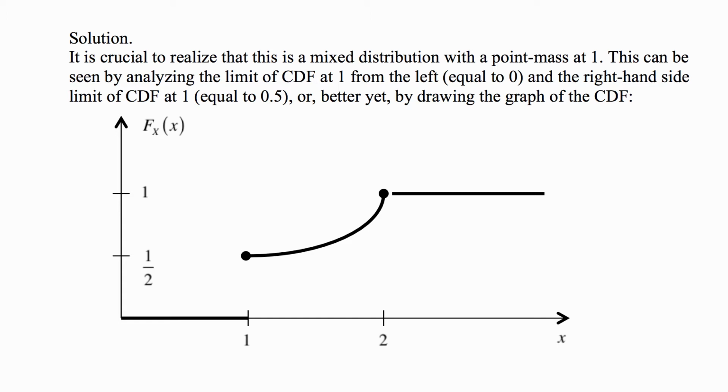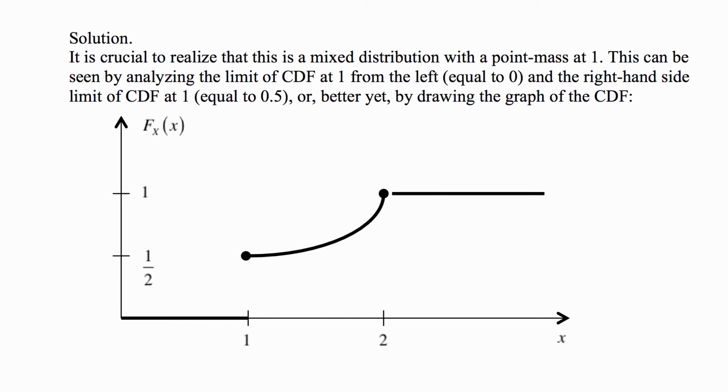It's just the left-hand side limit: as x approaches 1, the CDF approaches 0 from the left-hand side. But from the right-hand side, it approaches 1, I'm sorry, it approaches 1/2, and it's equal to 1/2 at 1.